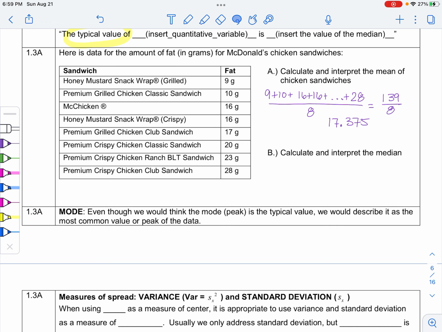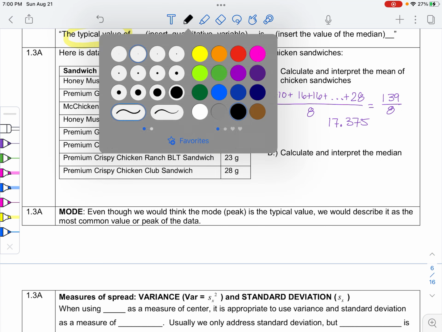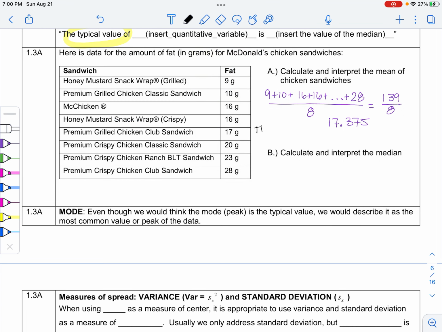With this, we wouldn't just leave that number in there. We would have that sentence that we talked about up at the top. That sentence would say the average value of... and what are we talking about? What is this context? Well, we're talking about the amount of fat for McDonald's chicken sandwiches. So we got to put that in there.